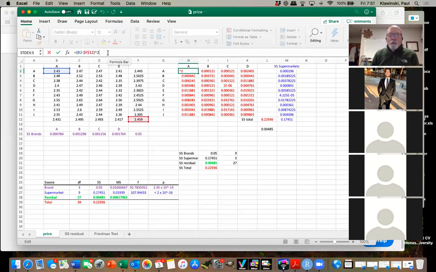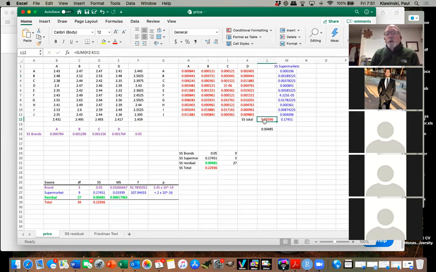So this is a form of sums of squares: the individual values minus the grand mean, squared. Hopefully you were able to calculate that correctly. I haven't done that yet. Okay, so in that way, sums of squares total is very much like sums of squares total in a regular two-way ANOVA.